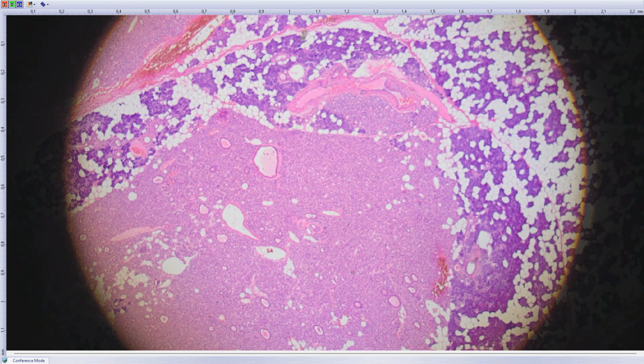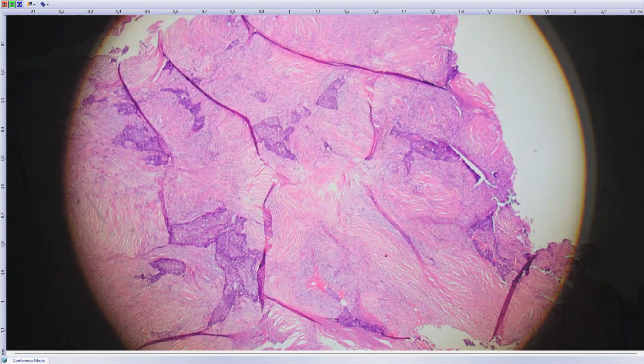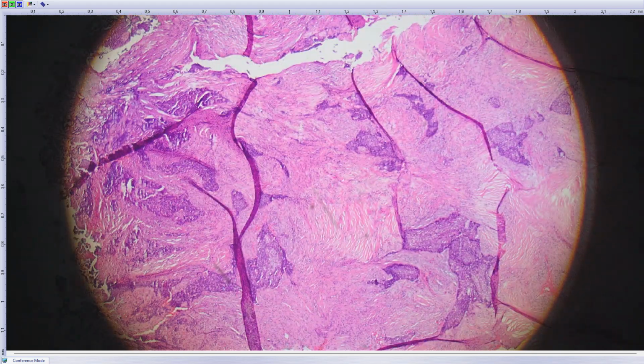So that's the second case, and the last one is a quite recent consult case, which was also sent from Slovakia, and it's a tumor of an older woman, about 60 years old, a tumor of the parotid gland, and here we have one of the slides.